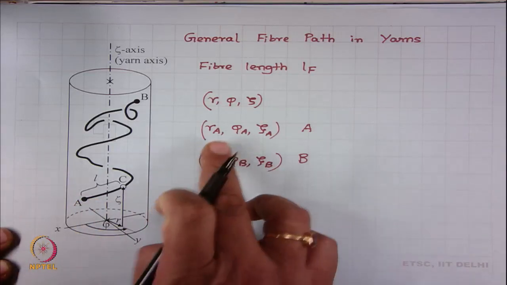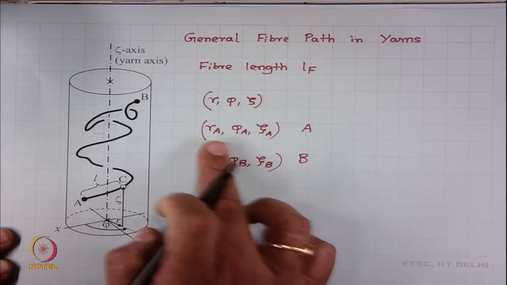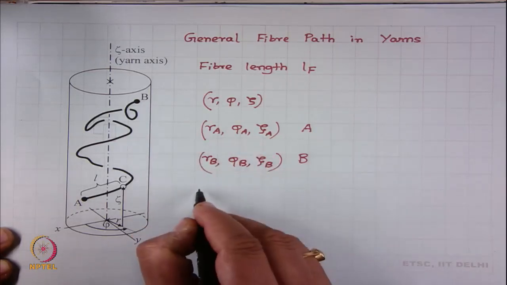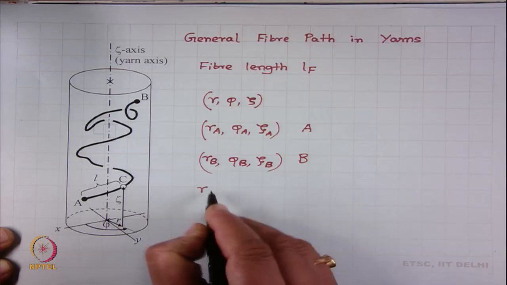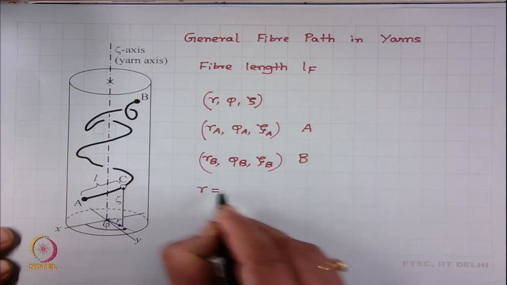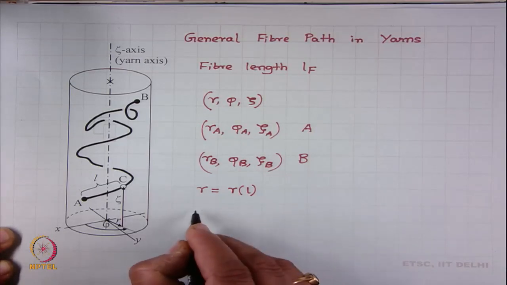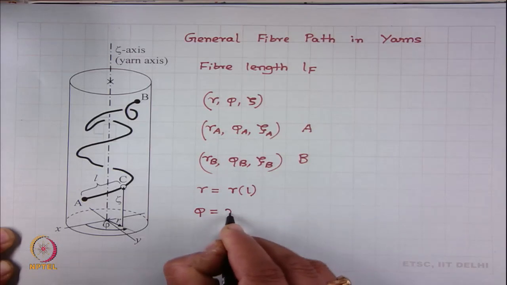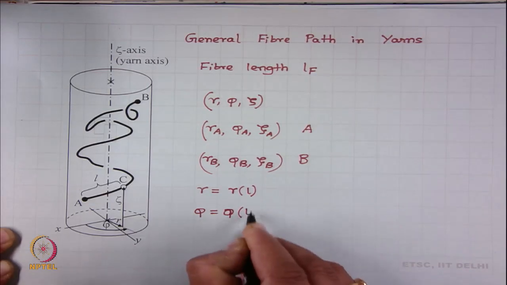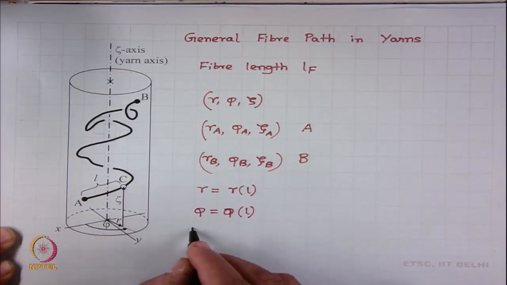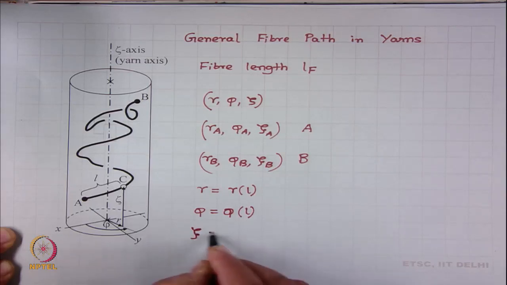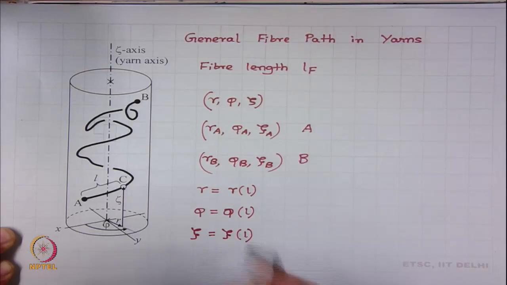So, r is a function of length. Similarly, phi is also a function of length, and zeta is also a function of length.